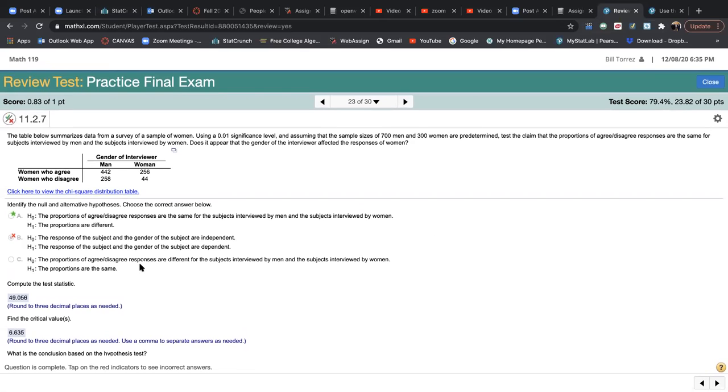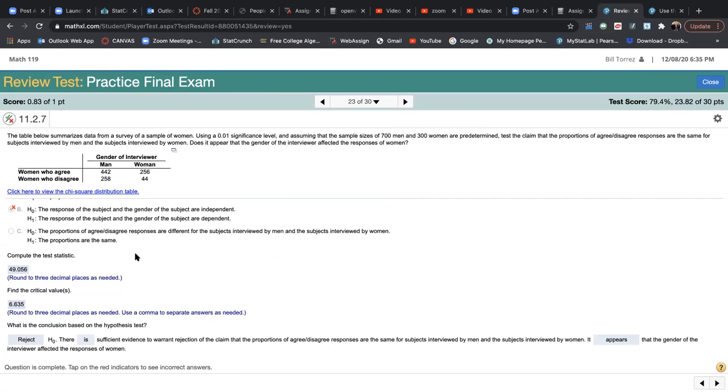We've got our test of homogeneity there. And now, because of the large chi-squared test statistic here, certainly much larger than our critical value, we reject H naught.